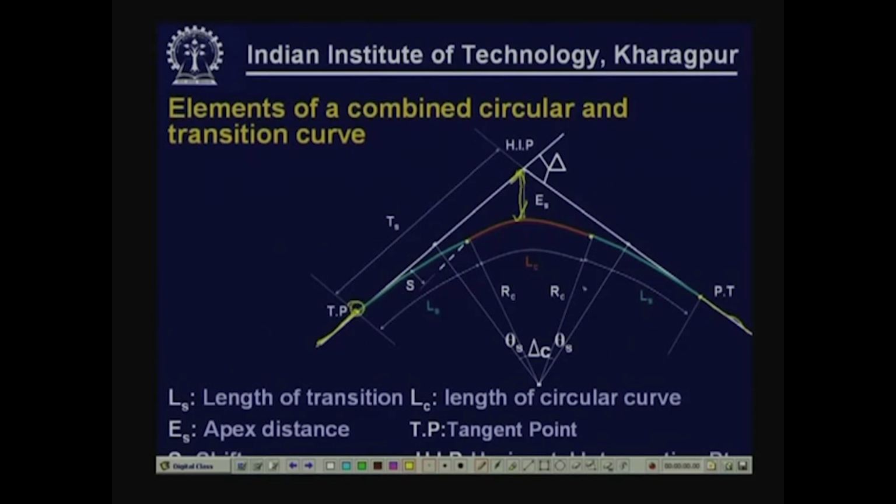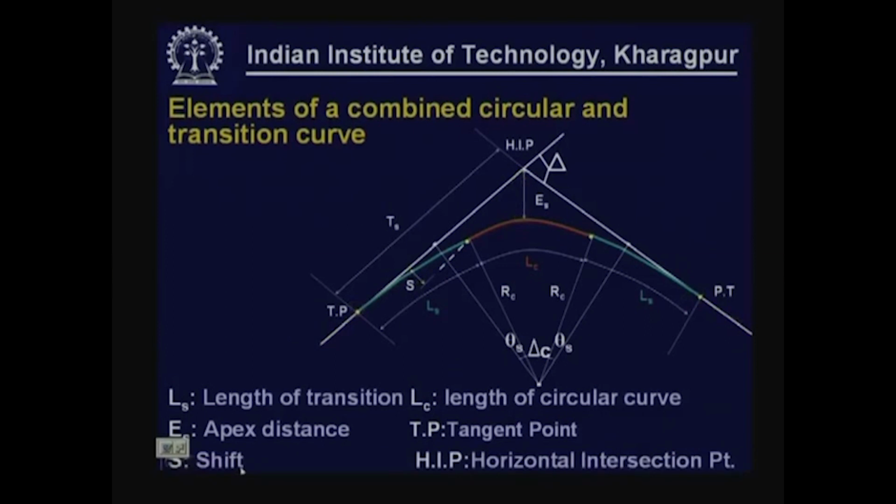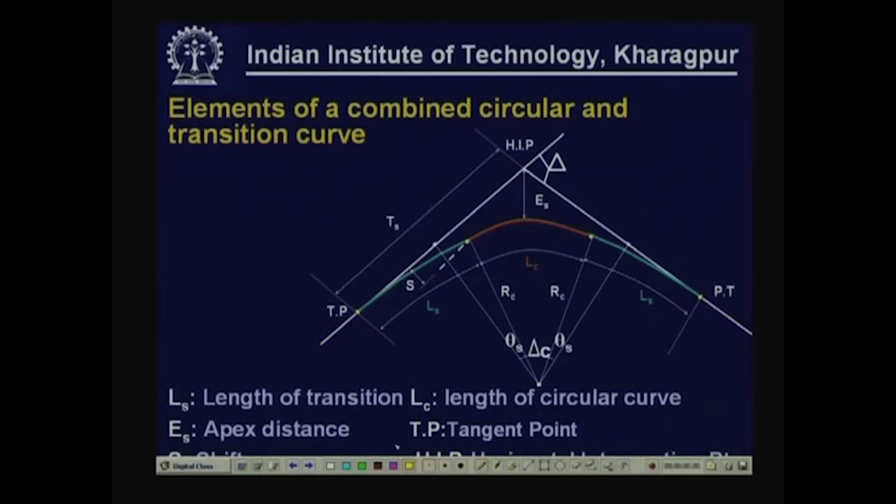These are the two tangent points, and this is the amount of shift, what is normally designated as S. And this is the point which is known as the horizontal intersection point, because earlier this was one tangent, this was another tangent.